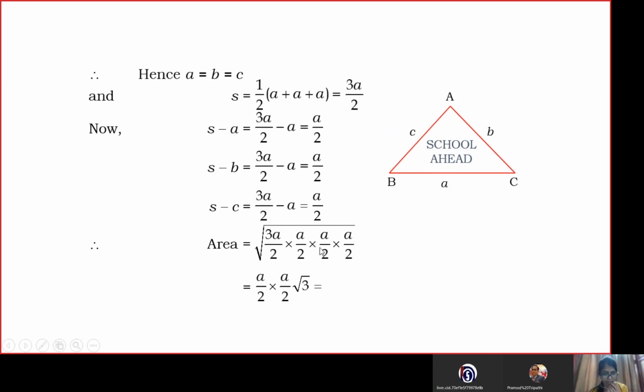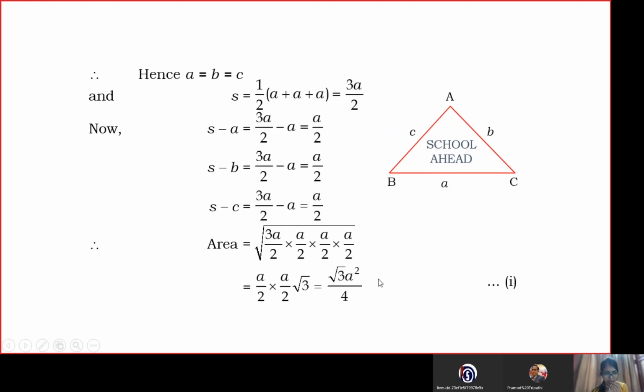Similarly, in the denominator, we have 4 2's. So you've grouped them and they will come out of the root, and we will be left with root 3 only inside, because root 3 has no partner or pair to form. So therefore we get the area of the equilateral triangle as root 3 by 4 A square, where A is the side of the equilateral triangle.